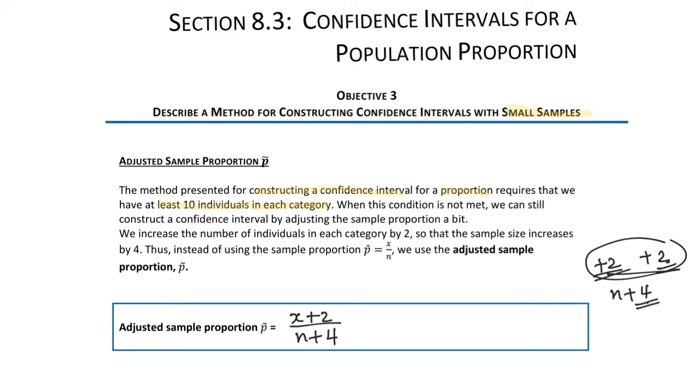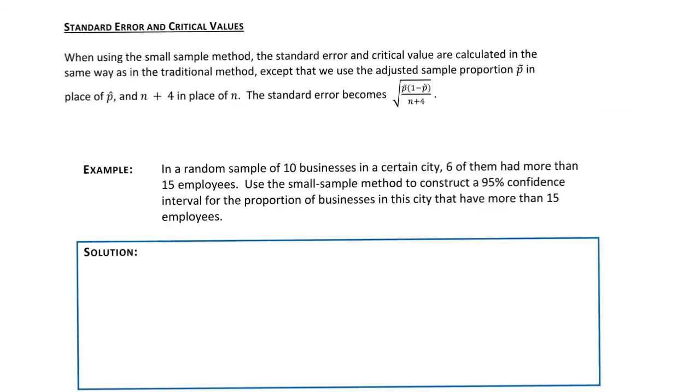The adjusted sample proportion is written as p tilde. This is how we pronounce tilde, and this is the notation, a small mustache on top of p. And remember, sample proportion is p hat, a small cap on top of p, and this is a small mustache on top of p. Now let's look at the method for constructing confidence intervals with small samples.